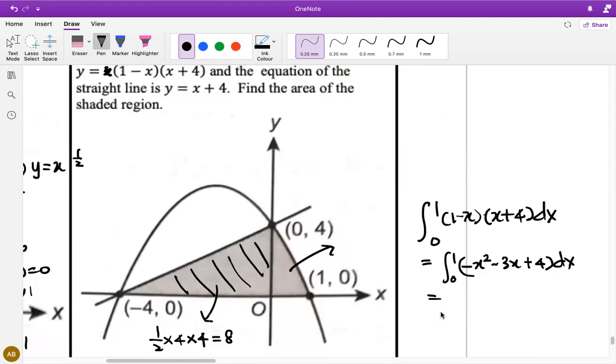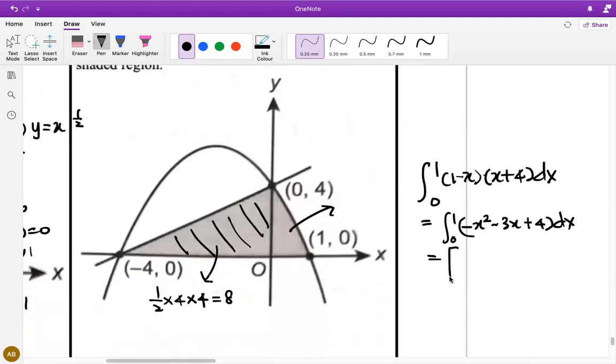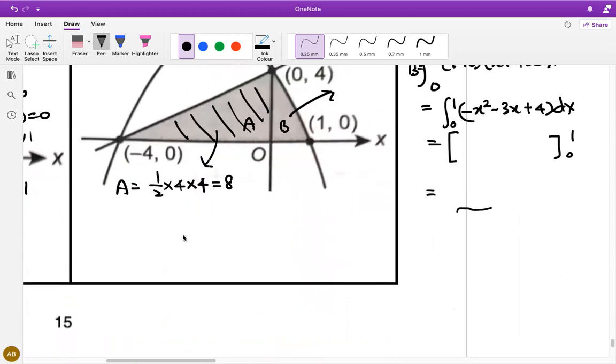All right, so you can integrate yourself from 0 to 1. What is this value? So this is A, this is B. The area of A is this, the area of B is this. So you add up A plus B. That is your answer, right?